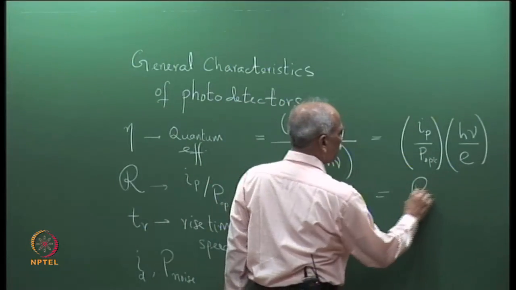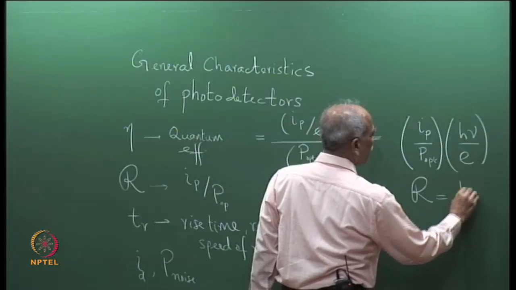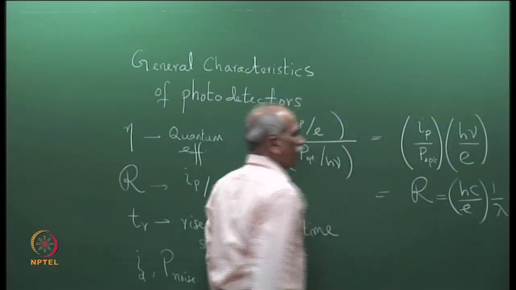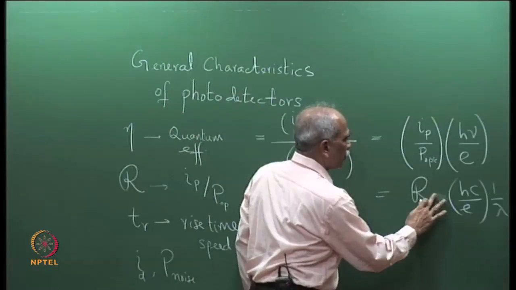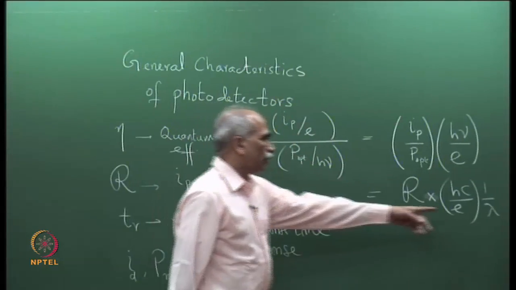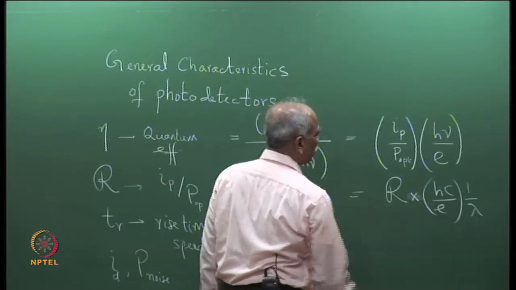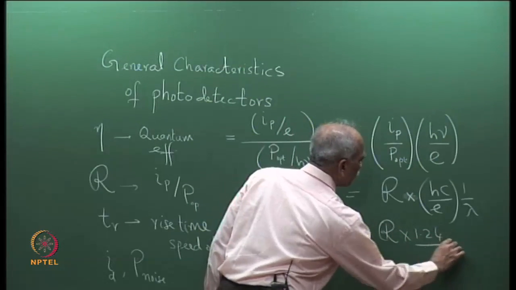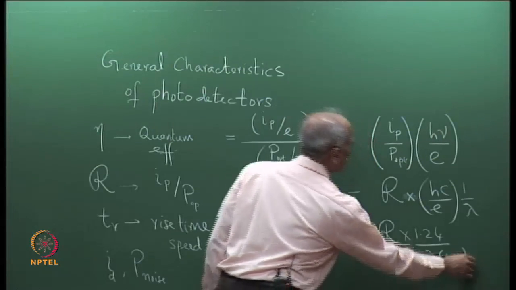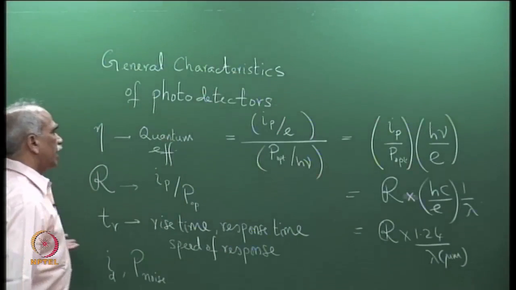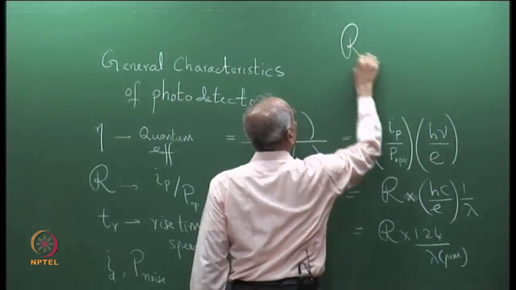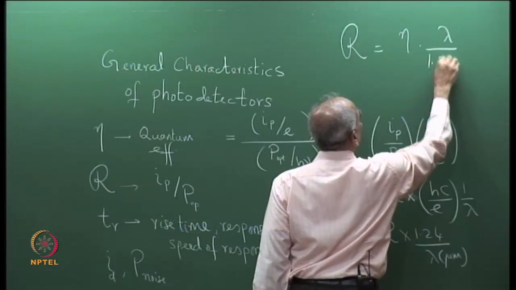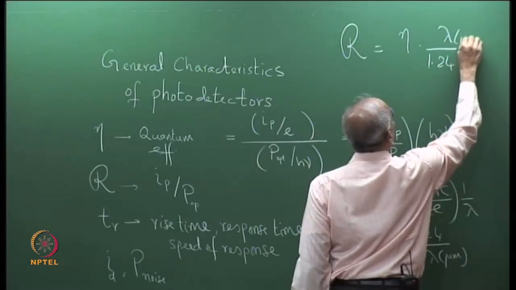So, this is responsivity R, equal to h c by E into lambda. If we substitute lambda in microns, then this turns out to be 1.24. So, responsivity R equals eta into lambda divided by 1.24, where lambda is in micrometers.